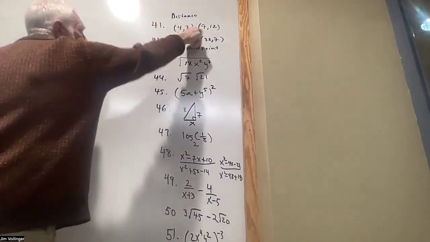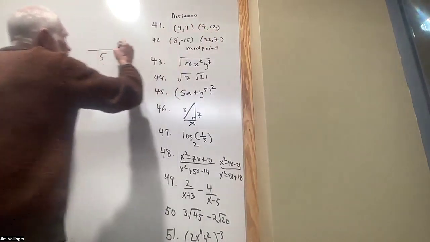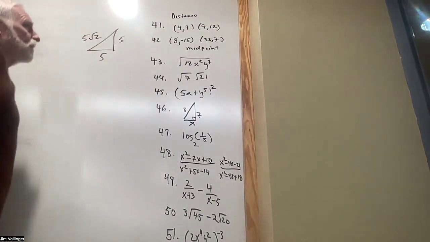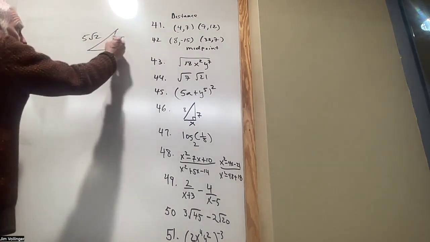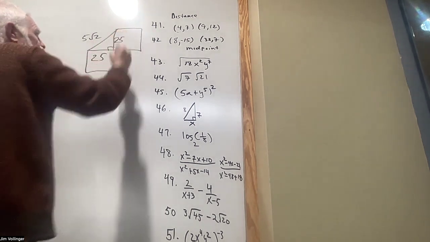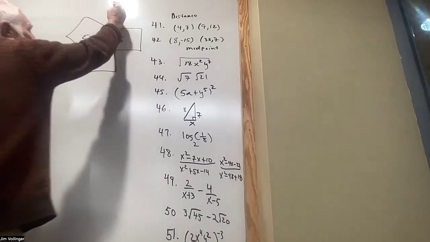I hope you can see 4 to 9 is a horizontal change of 5, and 7 to 12 is also a horizontal change of 5. So I know for my trig it's 5√2, because I've got 45-degree angles. So we'll be doing that the second half of the term for right triangles. But you're probably squaring 25, which makes this the square root of 50. And I hope that's something we're working on.